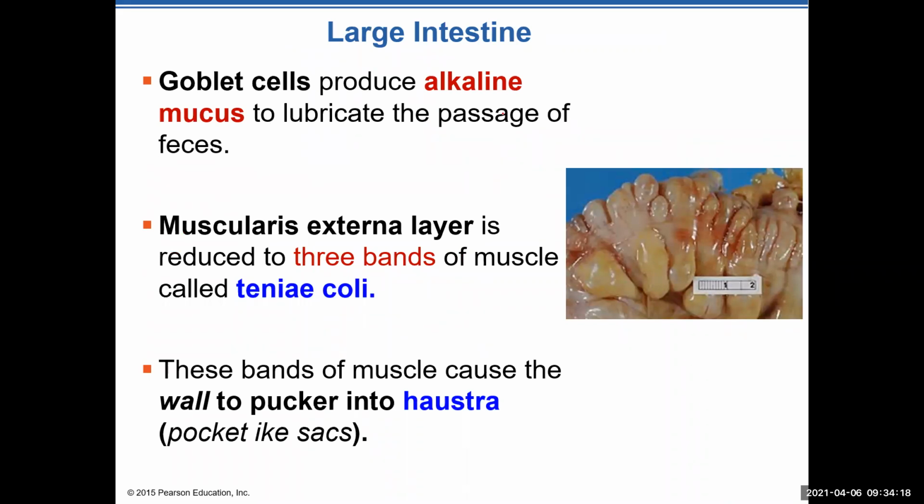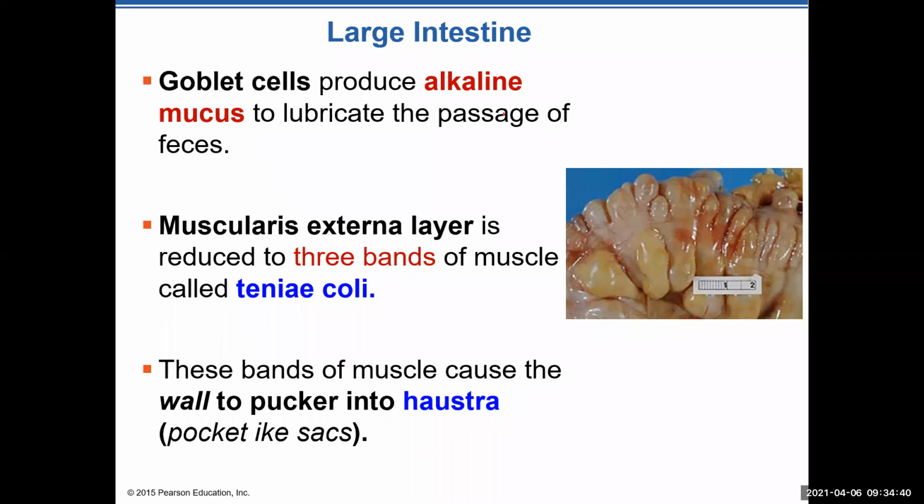Okay, great. Now a very important point to remember. If you remember, last time we spoke about the muscularis externa. Do you remember we said that the muscularis externa is made up of two layers of muscles, the internal circular and the external longitudinal? Remember that, guys?